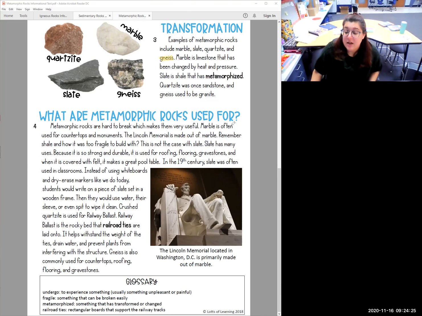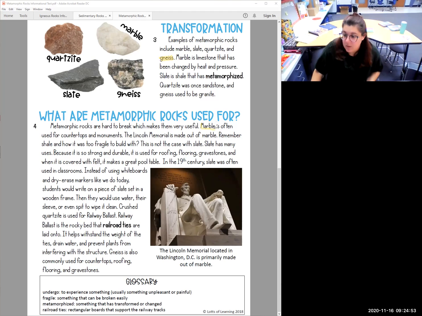So what I'm going to do to highlight this paragraph, I know that it's mostly about what these rocks are used for. So to help me find information easily later, I'm just going to highlight the different rocks. And then when I want to find what that particular rock is used for, I won't have to reread the whole paragraph. I can look at my highlighting to find that specific rock more easily.